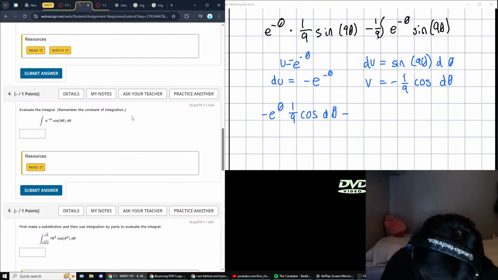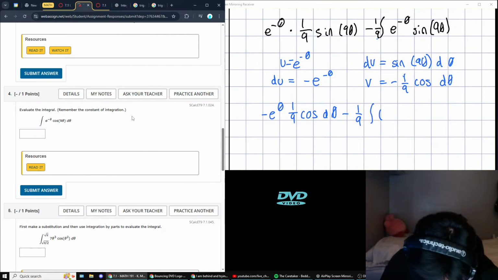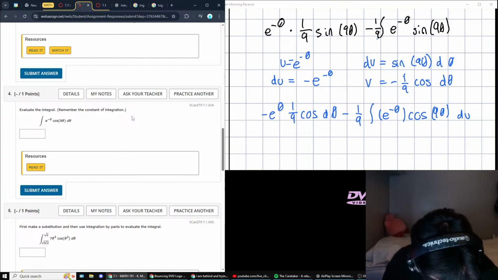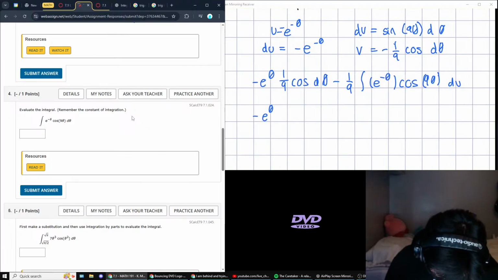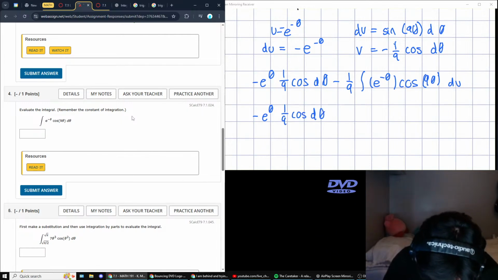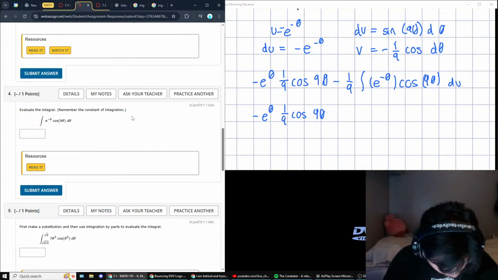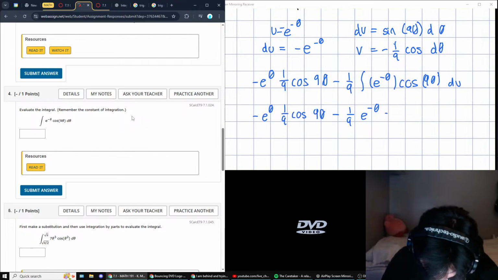Let me bring that forward, never mind. Cosine of 9.